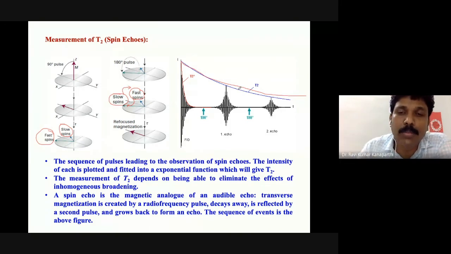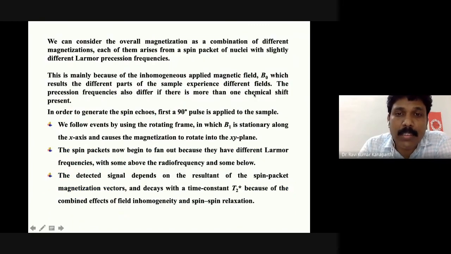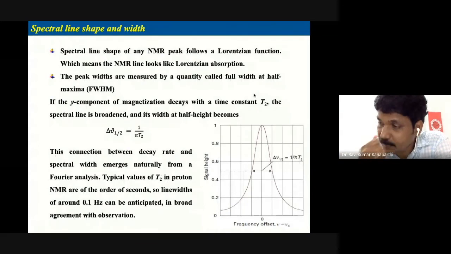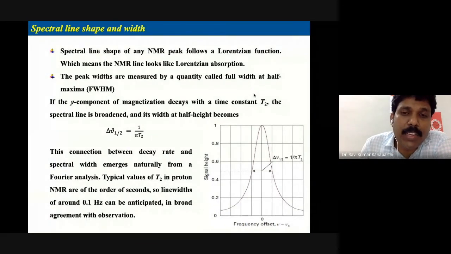So if you draw the delay versus the intensity of the echoes, that intensity also will follow an exponential path. And if you fit this exponential curve, that gives you the relaxation time constant T2. I hope I made the point, and the corresponding text or points are here. So anyway, you just go through it. And that is the spin echo technique.